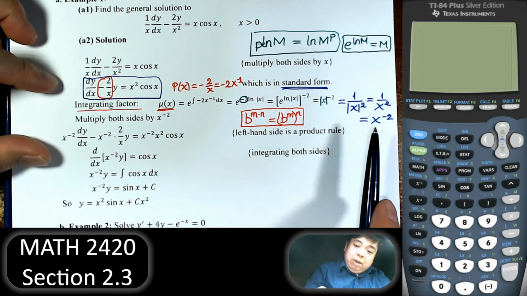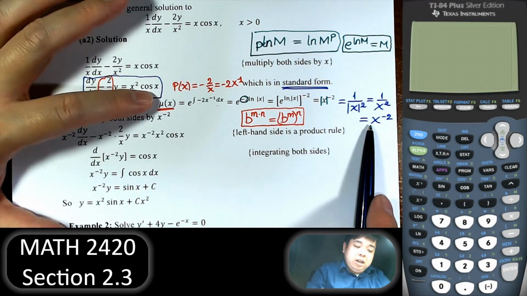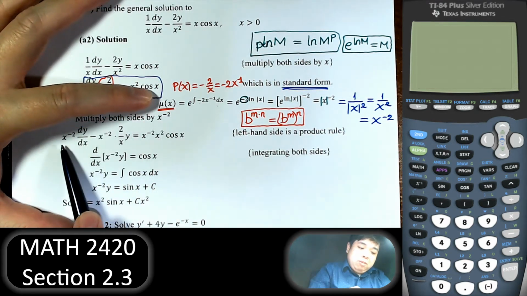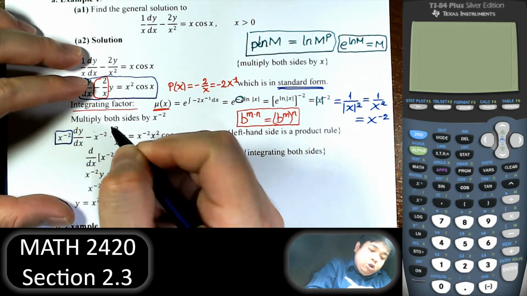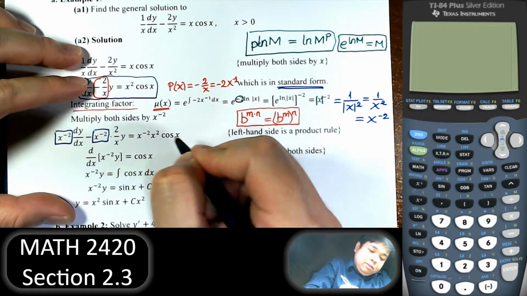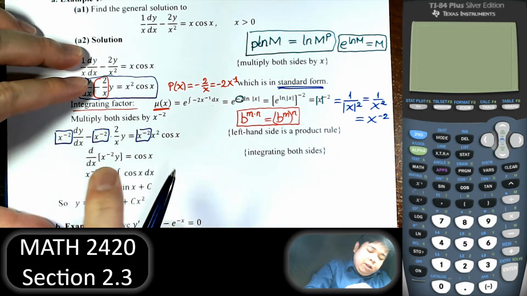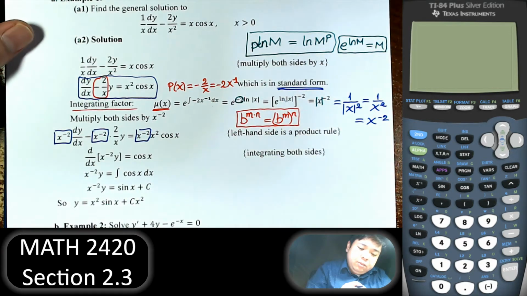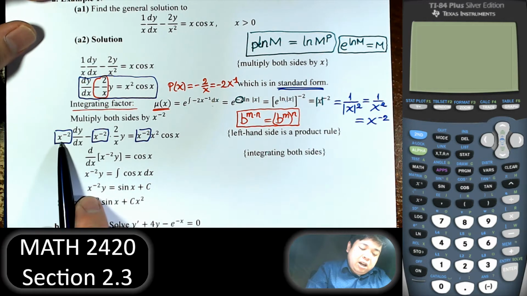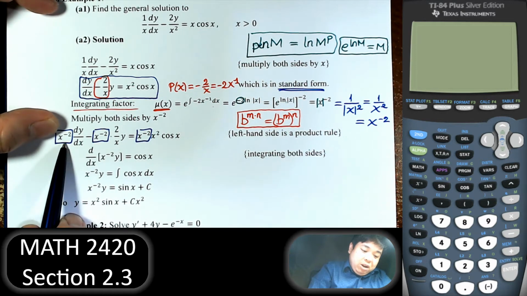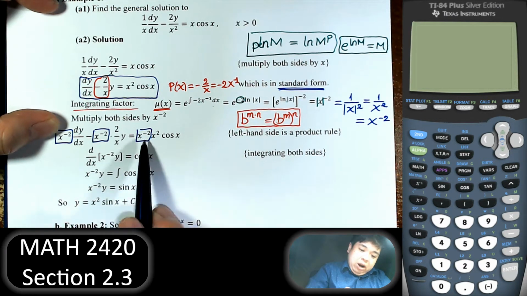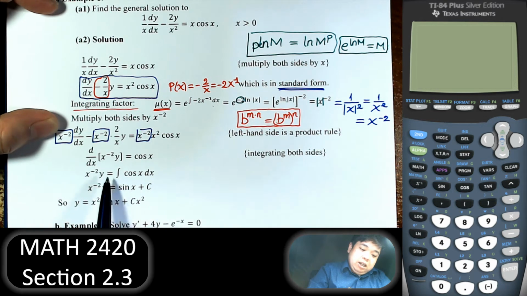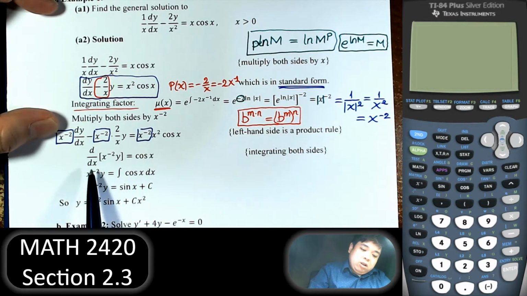So we have x to the negative 2, that is the integrating factor. Multiply both sides by that. I multiply both sides of the equation by the integrating factor. Multiply this out, and then on the left hand side I'll just write the integrating factor and y, so x to the negative 2 and y. The right hand side, the x squared cancels out, leaving cosine, and then integrate both sides.